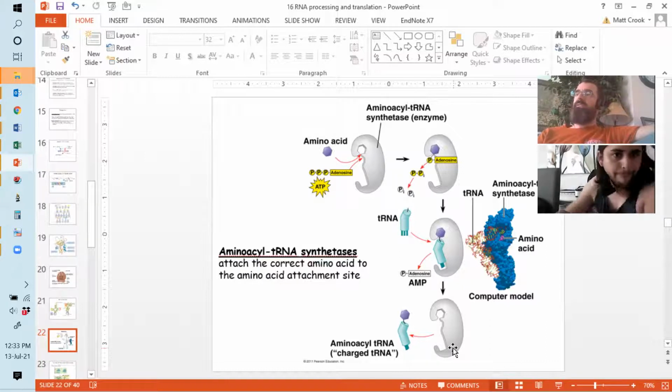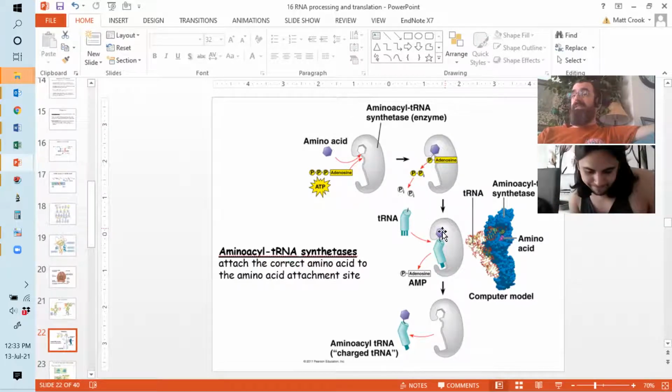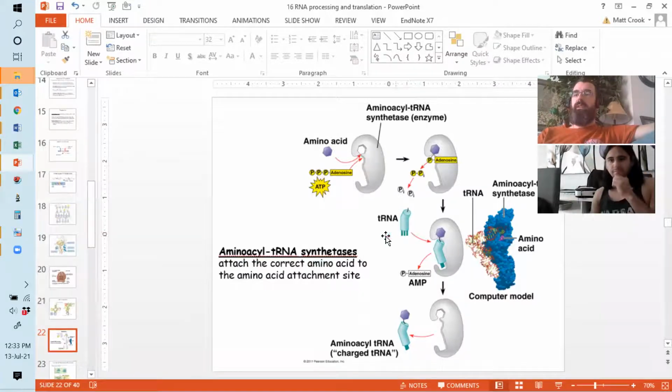That's where the specificity comes from. So essentially the amino acid pocket and the tRNA pocket match. And I'm pretty sure that's by what's called the anticodon sequence at the bottom of the tRNA. These three bases here, which we'll talk about later.